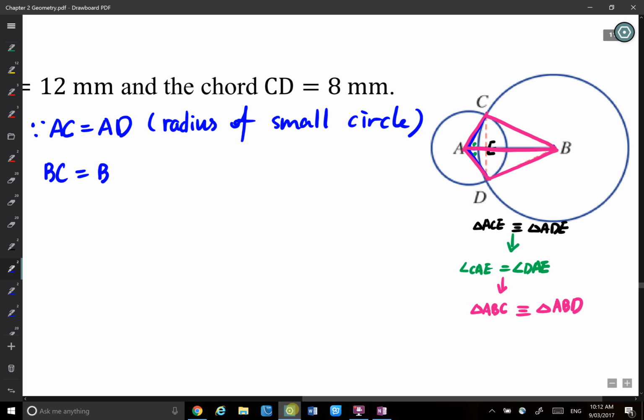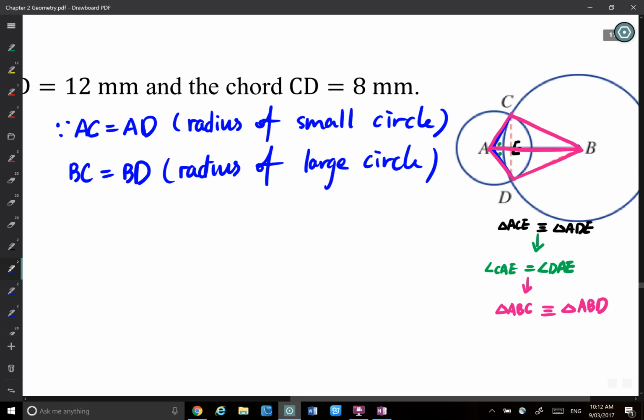BC equals BD, which is the radius of the large circle. Also, AB equals AB, which is a common length in both triangles.